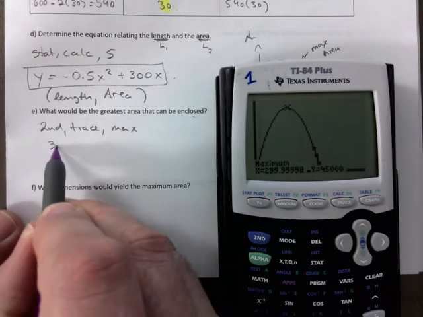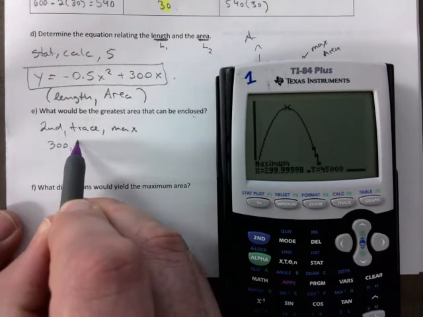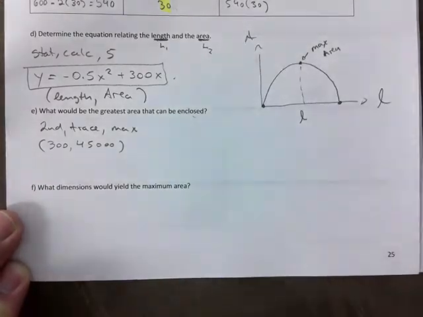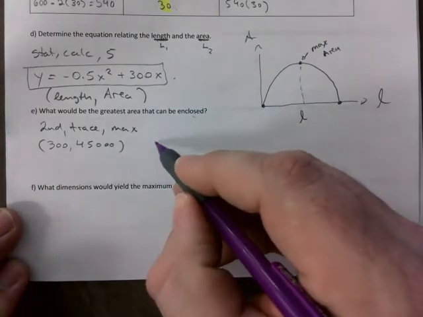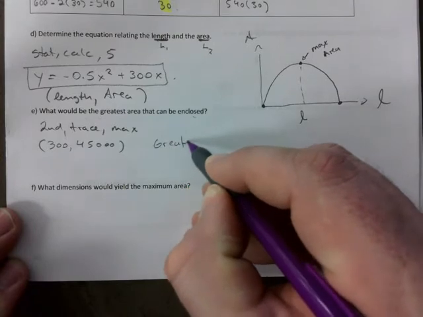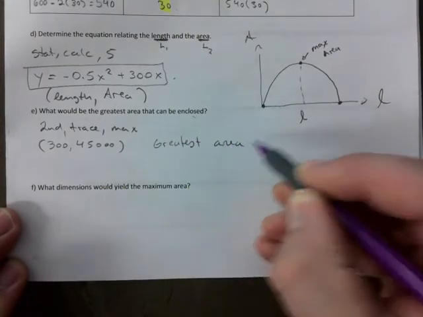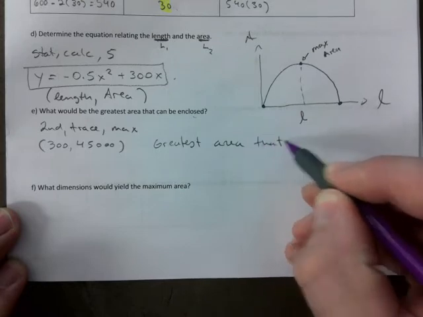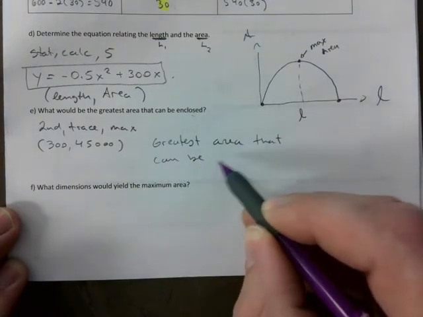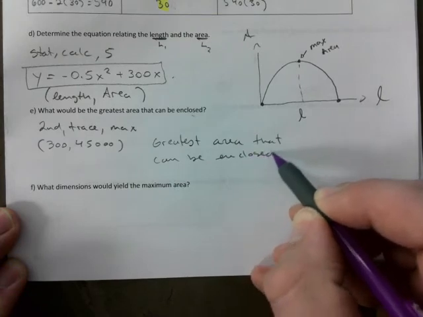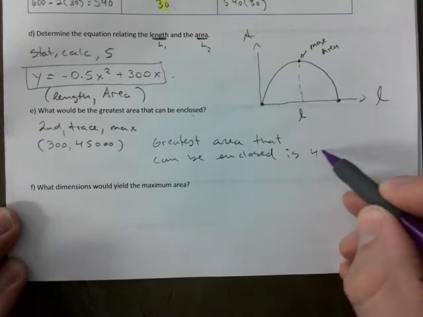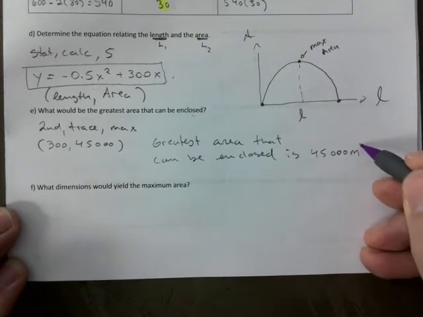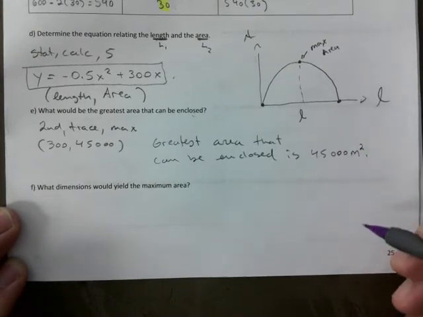And I got, if I round that, I get 300 and exactly 45,000. So greatest area that can be enclosed is 45,000 what? Meters squared, because we're talking area, right?